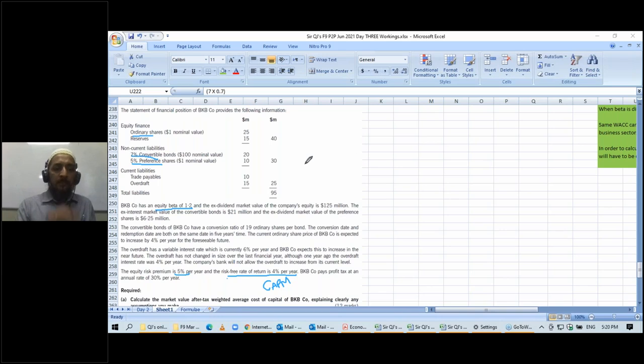Okay, so let's start doing this question again. First, we'll calculate the market values of these three items, and then we will calculate the cost of these three types of finances. So let's start.